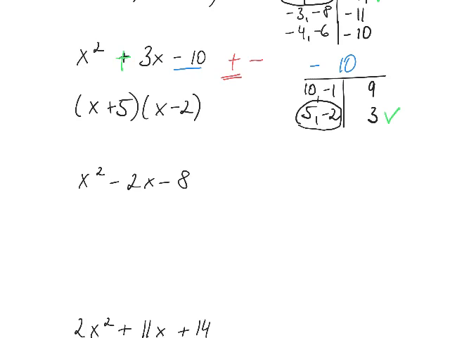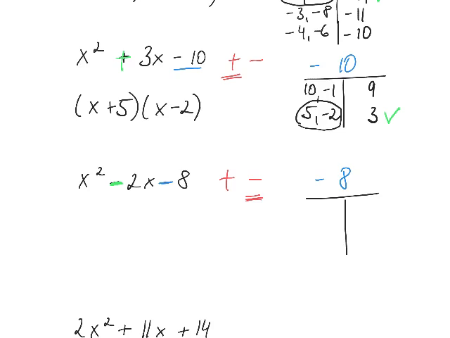In the next one, again, we have a negative product, minus 8. Again, we will need a positive number and a negative number to make that negative product. But this time, because this number here is negative, we know that the negative number is going to be bigger.